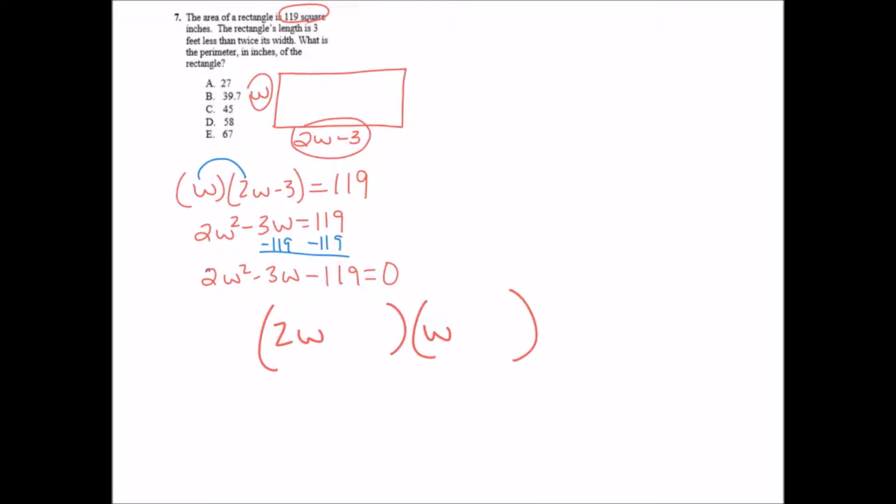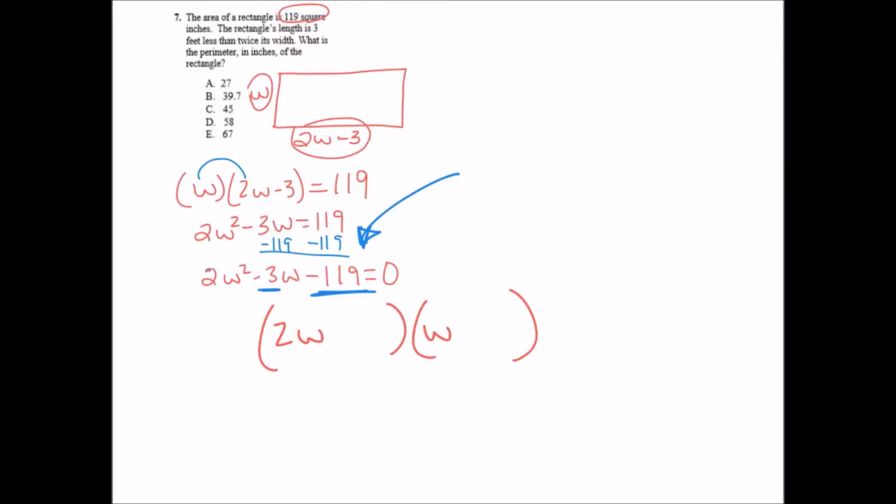I've got to look for two numbers that when multiplied together give me 119, but when combined give me negative 3. I'm going to cheat a little bit and think about the fact that 2, 3, 4, 5, 6 do not go into 119 equally. The number 7 does. I'm just taking a guess.